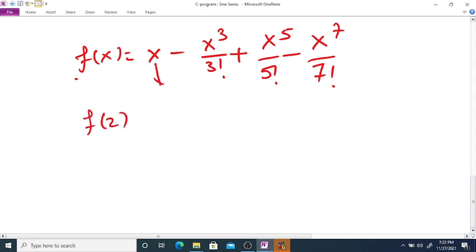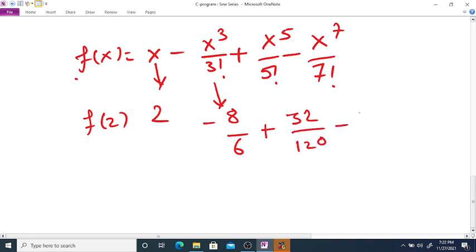So the first term is 2, the second term is 2 raised to 3, that is 8, minus 8 divided by 3 factorial, which is 6. The next term is 2 raised to 5, which is 32, divided by 5 factorial, 120. The next term is 2 raised to 7 divided by 7 factorial.